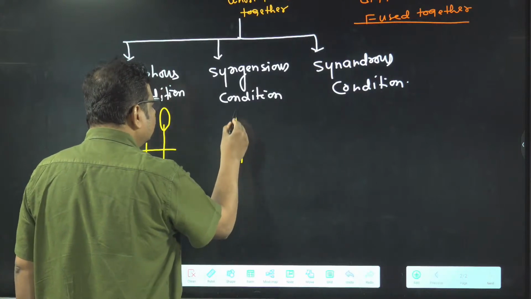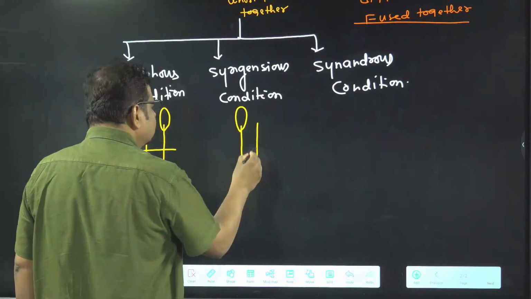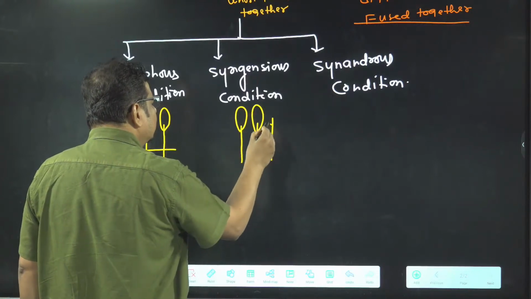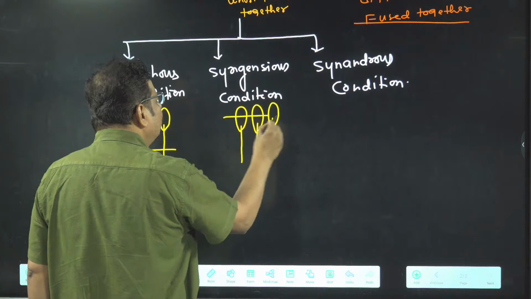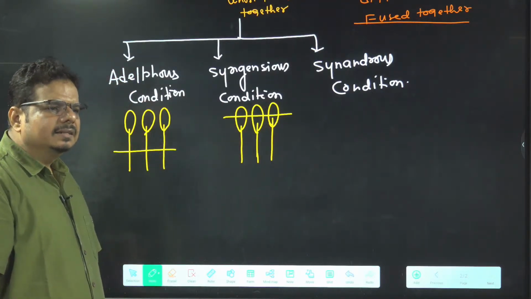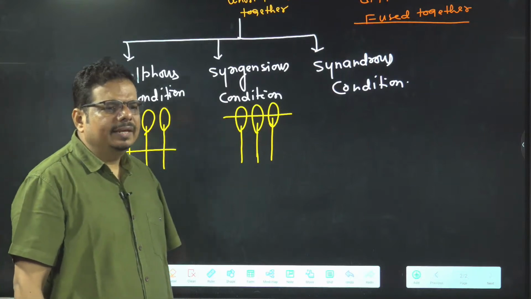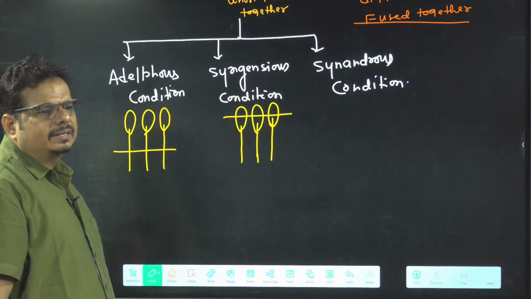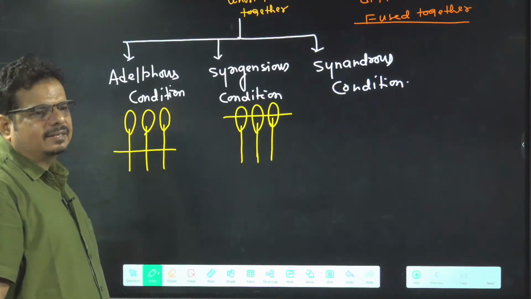Now look, in Syngenesious condition, what happens? Here are more than one stamen. Who fused together? Anthers fused. And who remain free? Filaments are free. That is called Syngenesious condition.